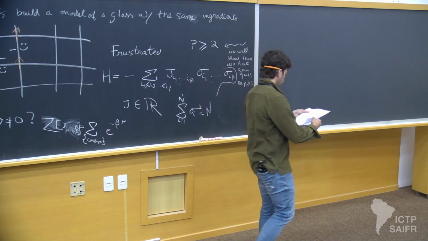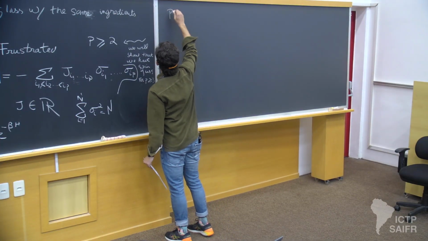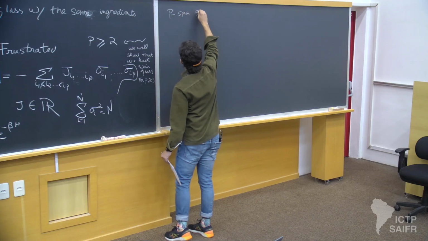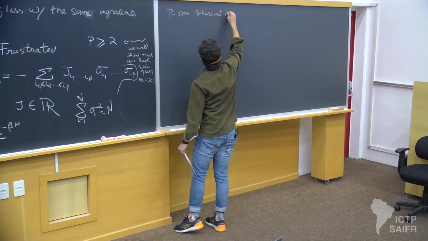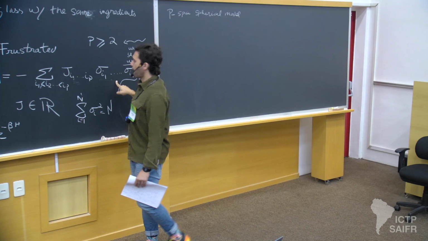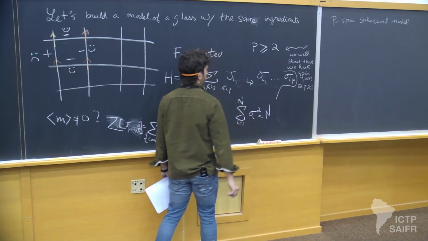Okay. So this, by nomenclature, is called the p-spin spherical model. P because you couple p spins at a time. Spherical because the spins live on some large dimensional sphere.